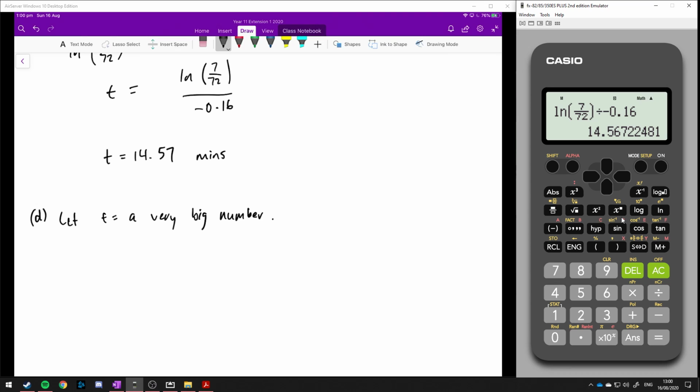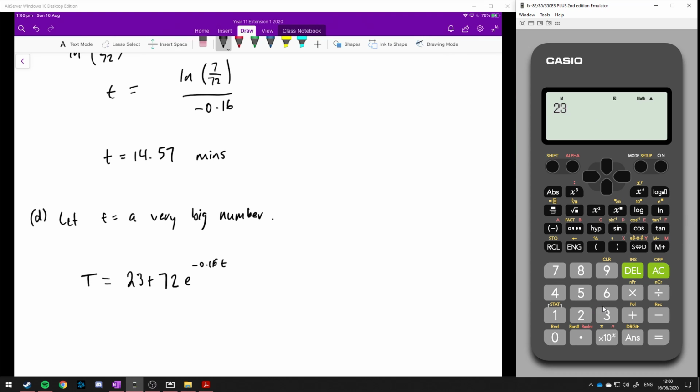So T is equal to 23 plus 72e to the negative 0.16t.